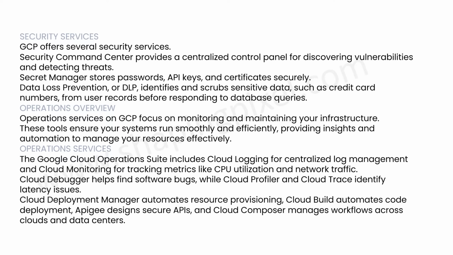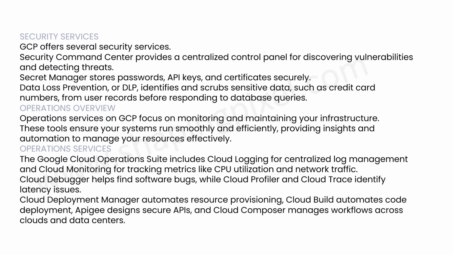Operations services on GCP focus on monitoring and maintaining your infrastructure. These tools ensure your systems run smoothly and efficiently, providing insights and automation to manage your resources effectively. The Google Cloud Operations Suite includes Cloud Logging for centralized log management and Cloud Monitoring for tracking metrics like CPU utilization and network traffic.